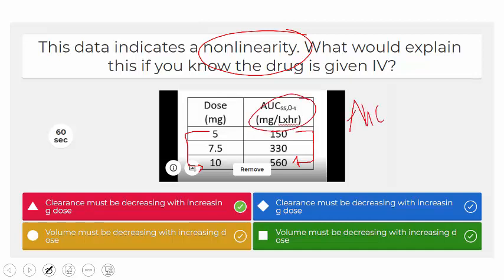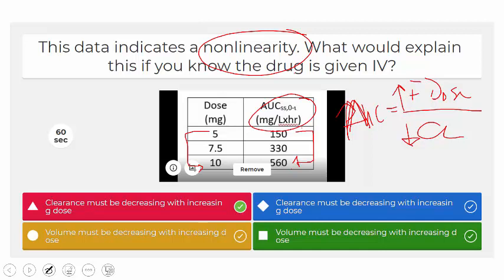And our area under the curve is equal to our bioavailable dose over clearance. So if our area under the curve is increasing more than we would expect, remember we expect this to be 300 and it's 560, then either there's been a nonlinear increase in bioavailability or a nonlinear decrease in clearance.